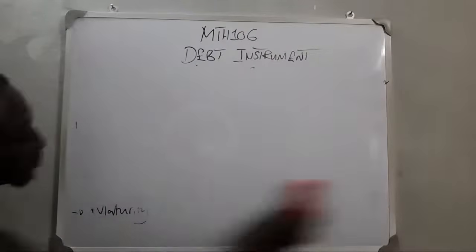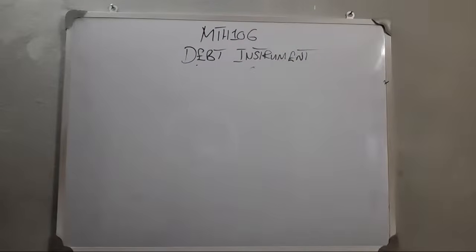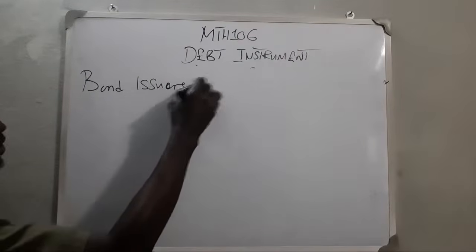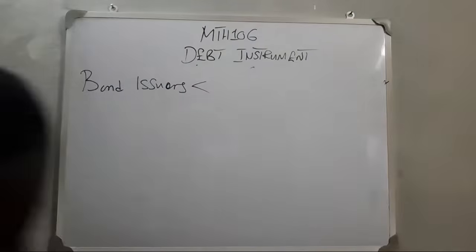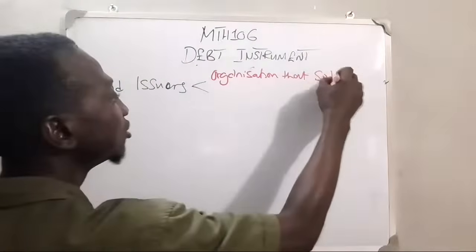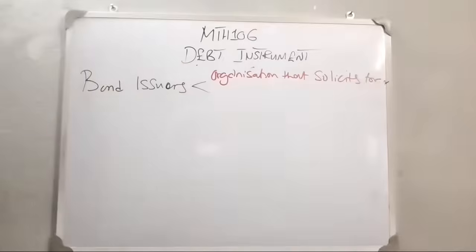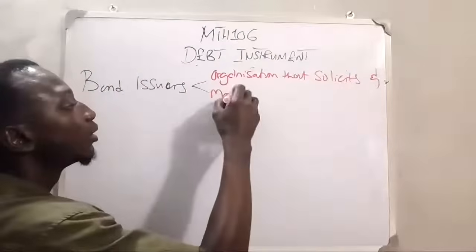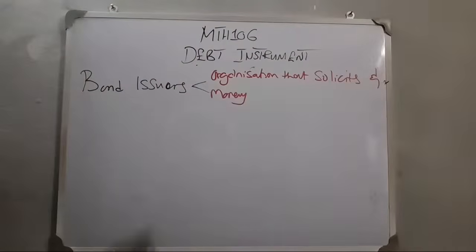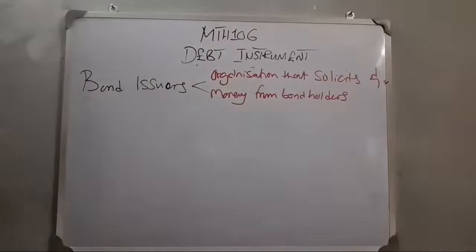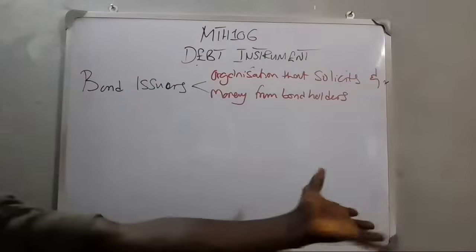Bond issuers are organizations that solicit and borrow money from bondholders, just like I said before, the onigbese. So the bond holder is the person giving out, while the bond issuer is the person receiving.